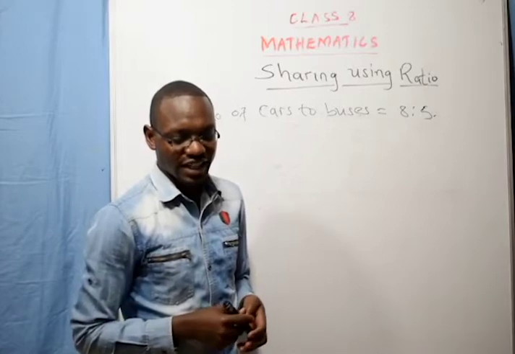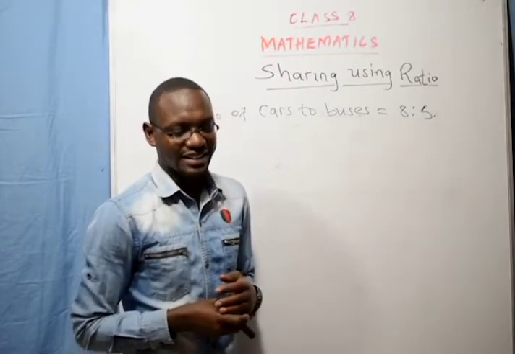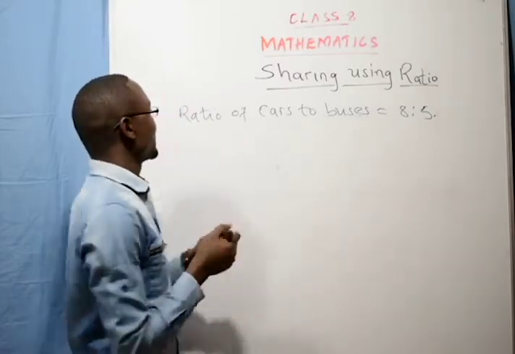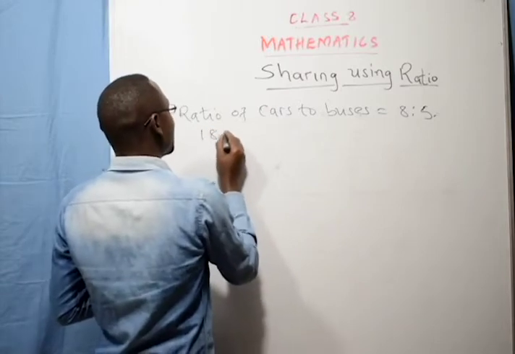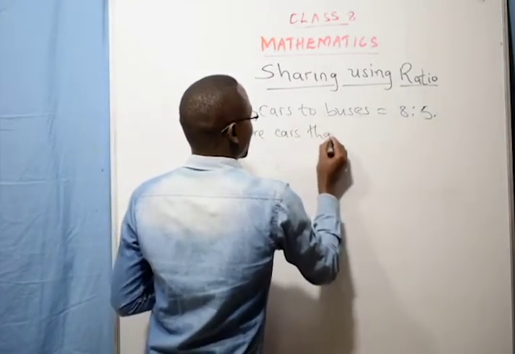How many vehicles are there in that garage if there are 18 more cars than buses?